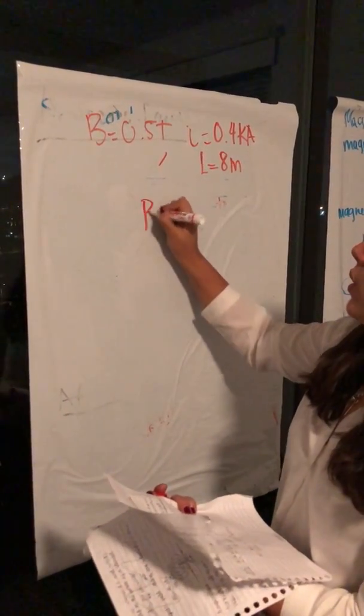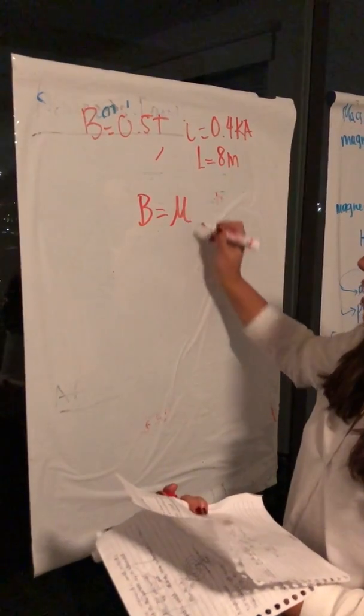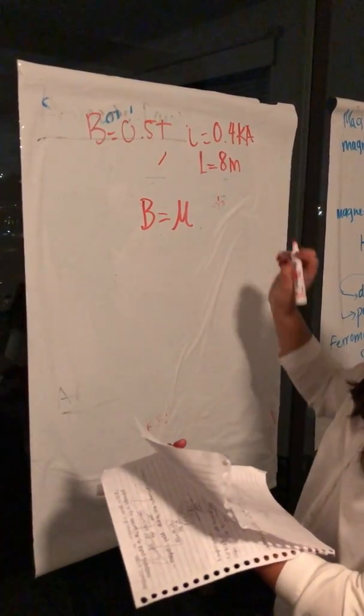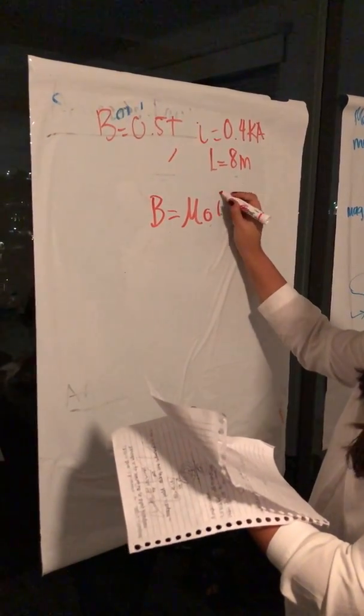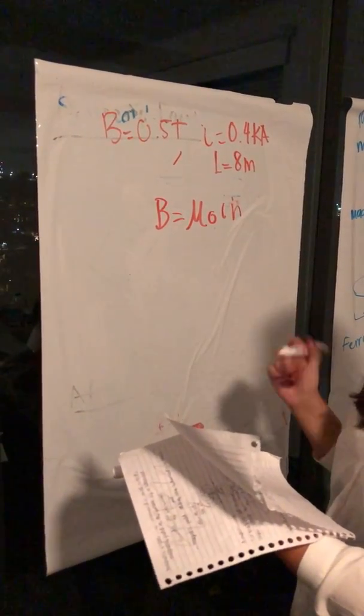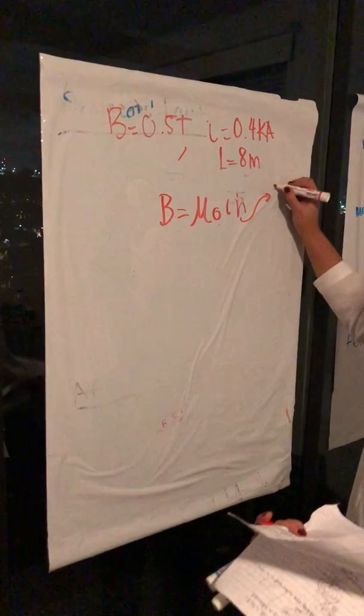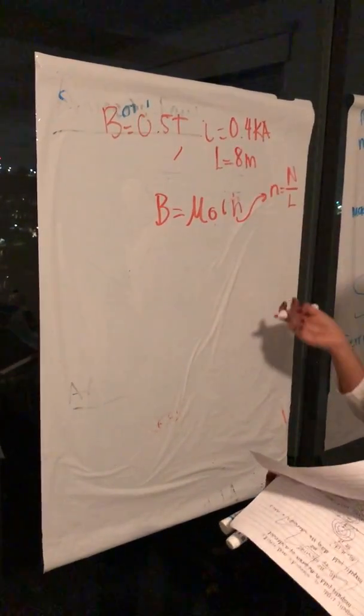So using the equation for the magnetic field, B equals the magnetic permeability of free space times the current times n, where n is equal to the number of turns that we have in our solenoid over the length.